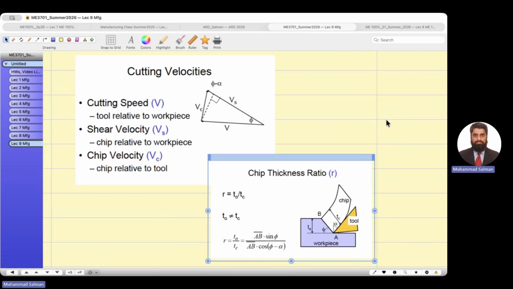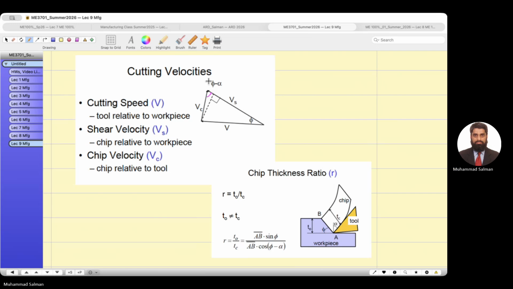So this is a cutting velocity diagram, and this angle is phi minus alpha. It's not difficult. How do you get this phi minus alpha? Let me explain to you.